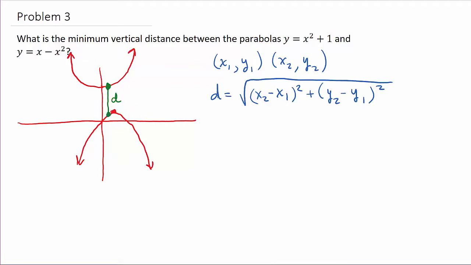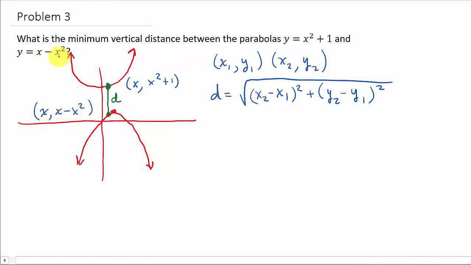The coordinates of this point we'll call x, y. Now for this graph, what's y? Well, y is x squared plus 1. And then for this one, we'll go over x units. So that x coordinate will be x, and the y coordinate will be x minus x squared. See, that's y, x minus x squared.